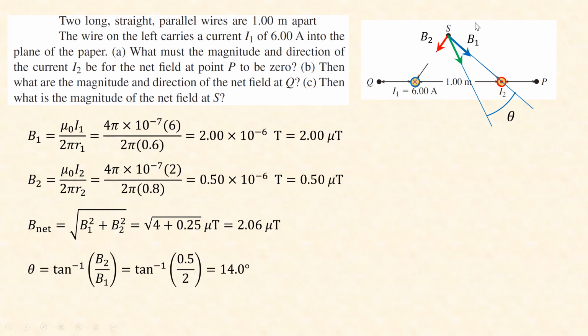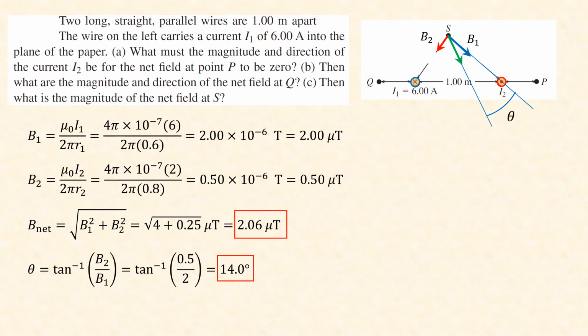But if you had an x direction here, for example, you can find the angle between B1 and the x direction and add this theta to get the total angle from the x direction. All right. These are the answers. Any questions?